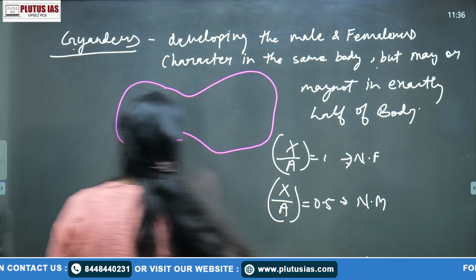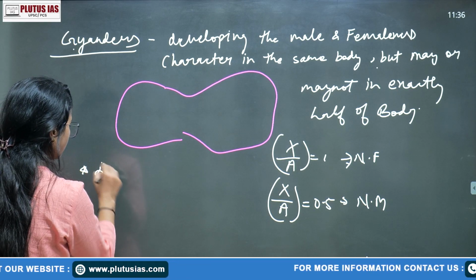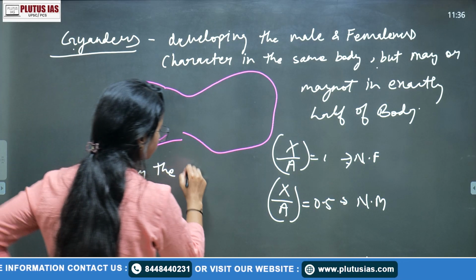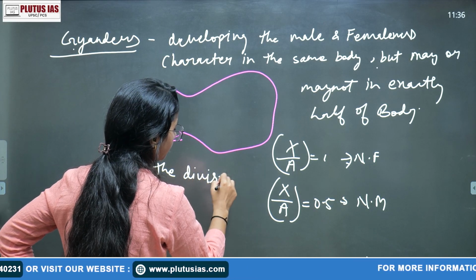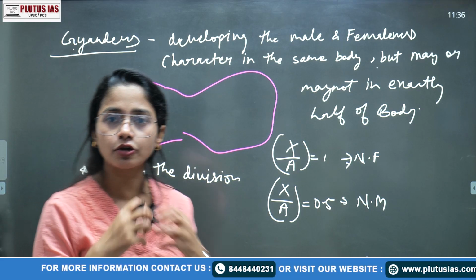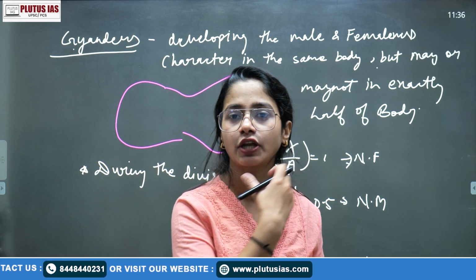And when it happens during the division, during the separation, which phase? Anaphase. In metaphase the chromosomes come into the chromosomal plate, है ना, in an alignment at the equatorial plate.